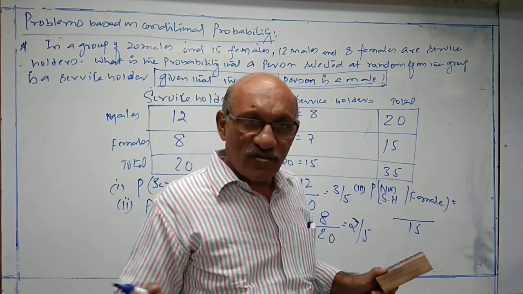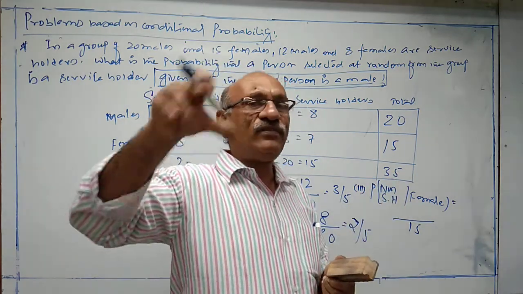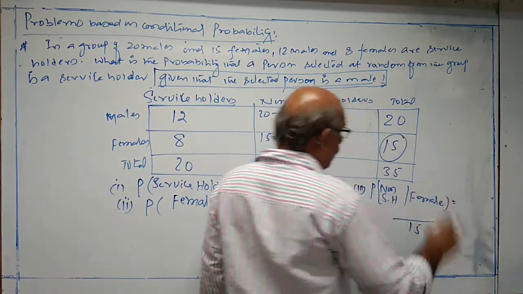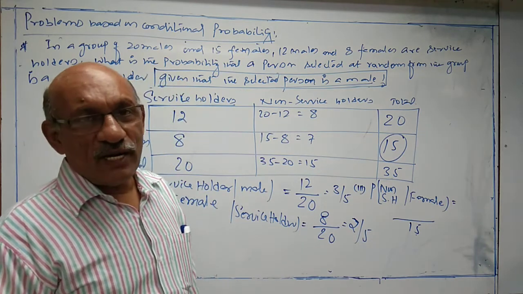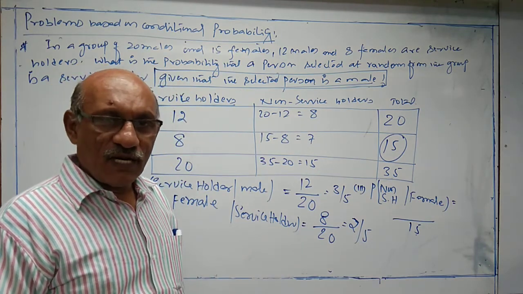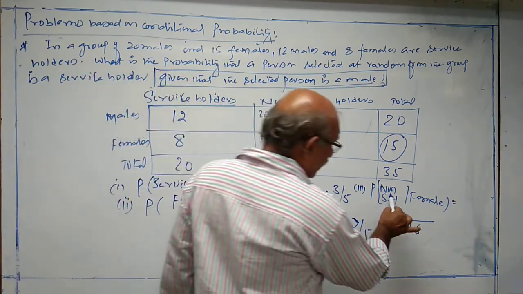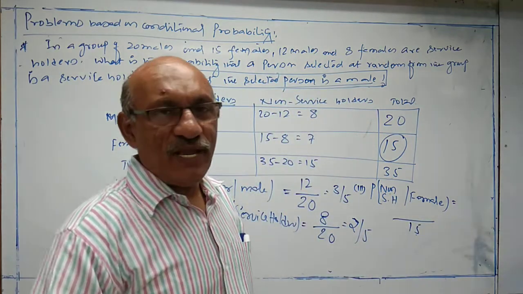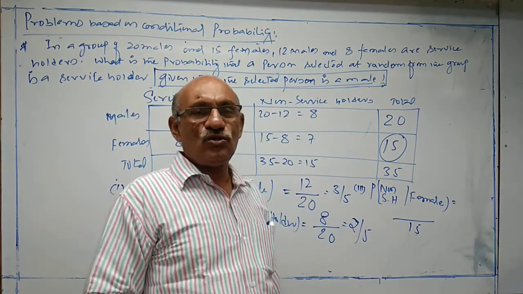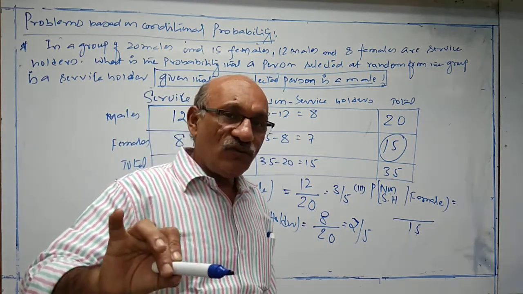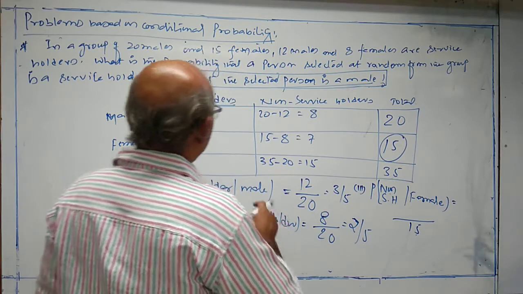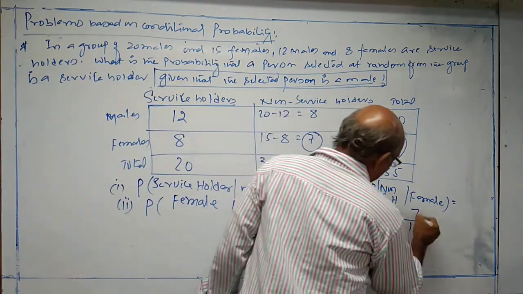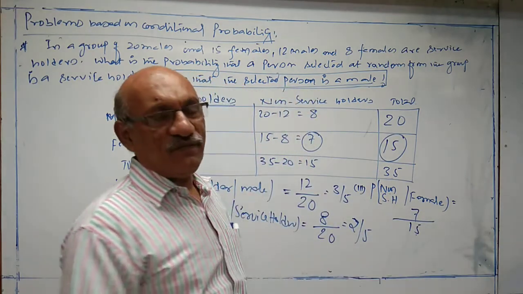Whatever is given, you write in the denominator. The intersection of these two, non-service holder and female: how many are there? 7. So the answer is 7 by 15.